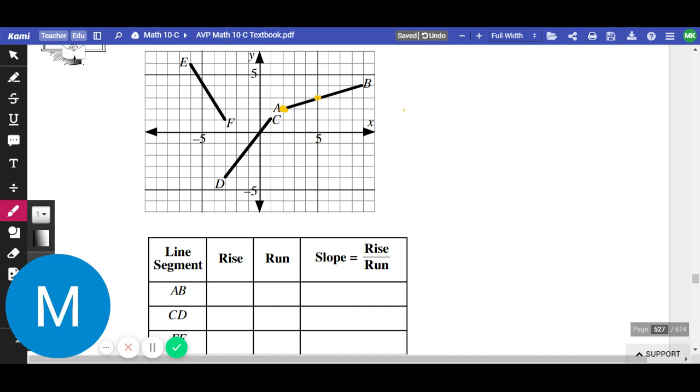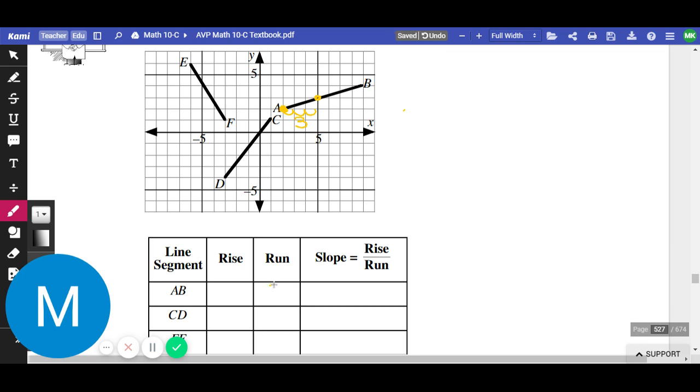So I picked those 2 points. Once I've picked 2 points on the line, I start on the left one every single time. And then I count how many to the right I have to go. In our case, I have to go to the right 1, 2, 3. That represents our run. And our run is our movement to the right.